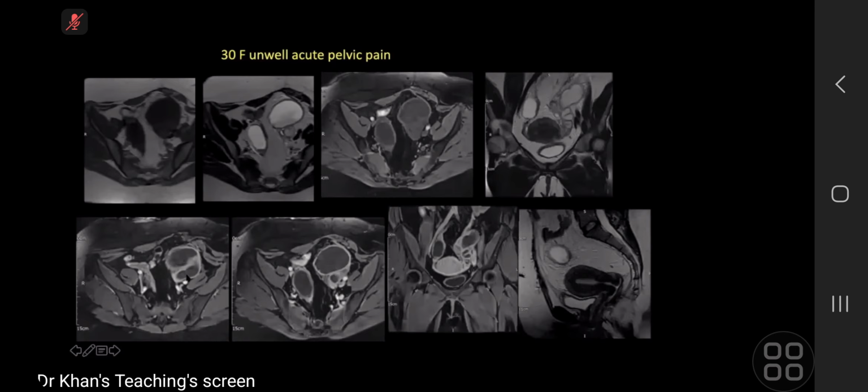Given acute pelvic pain, there is a thick, uniformly enhancing rim of both bilateral adnexal lesions. I'd like to check the diffusion weighted images, but my primary diagnosis would be bilateral PID with pyosalpinx on the left side.